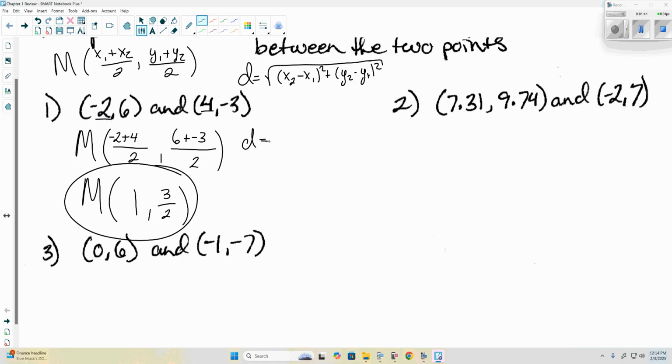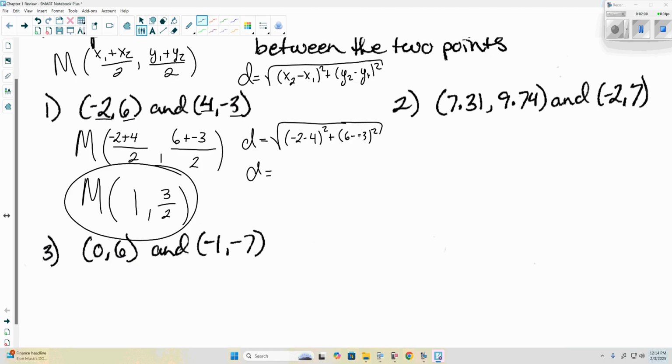Distance formula: square root of x2 minus x1 squared plus y2 minus y1 squared. So our x values, -2 minus 4 squared, plus our y value, 6 minus -3 squared. So we'll plug in, put our x's with our x's, y's with our y's.